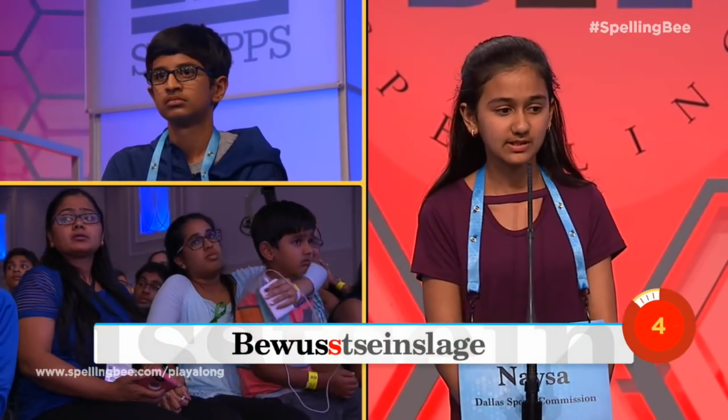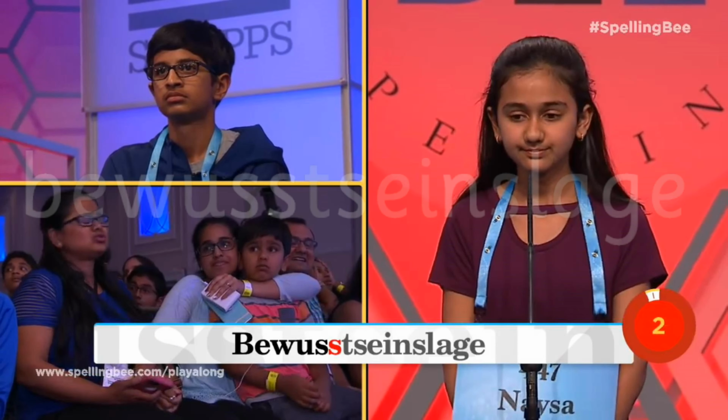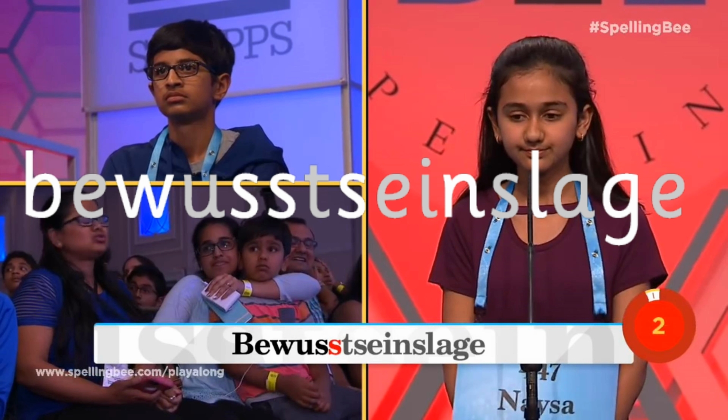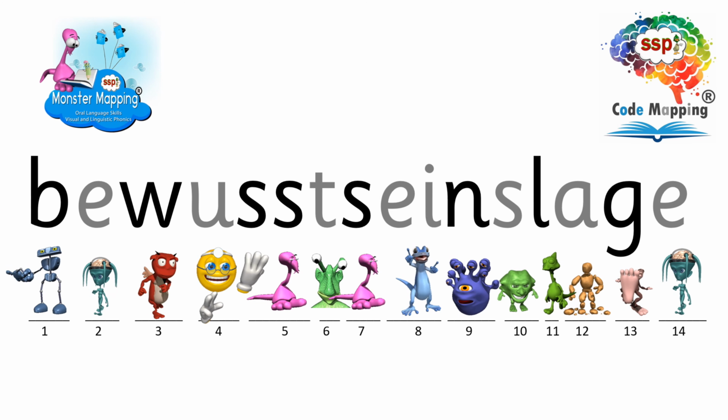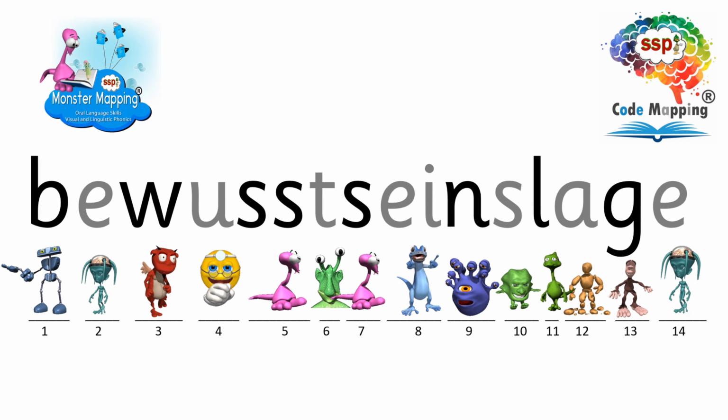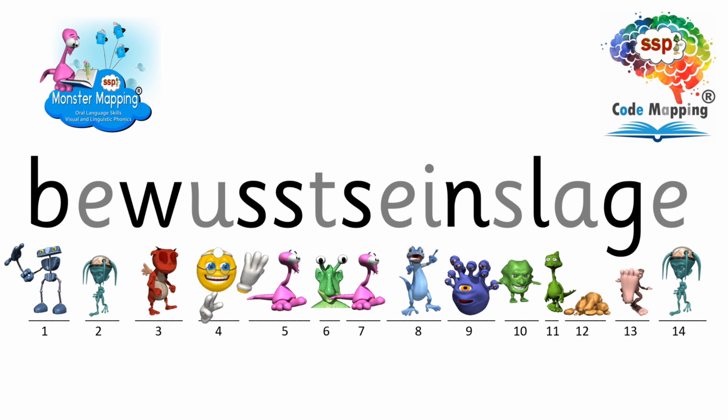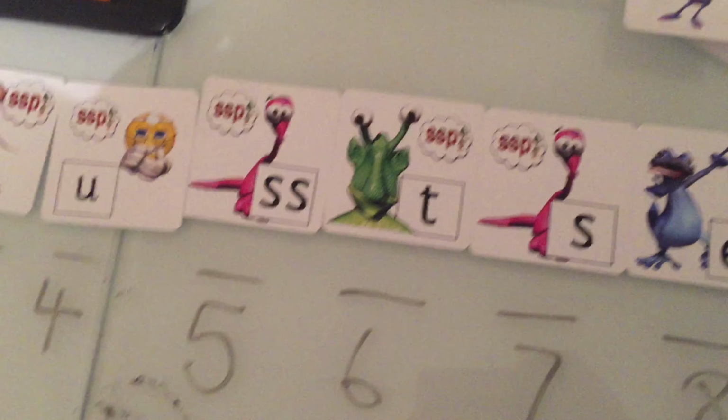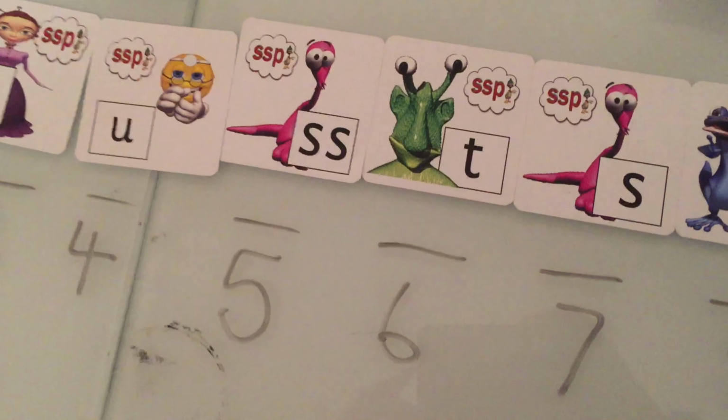So with the code mapping here, she's actually got all the right sounds, all the right speech sound lines, but the number 5 sound pick was the wrong one. So on the number 5 speech sound line, she chose, let's have a look at all of our choices.